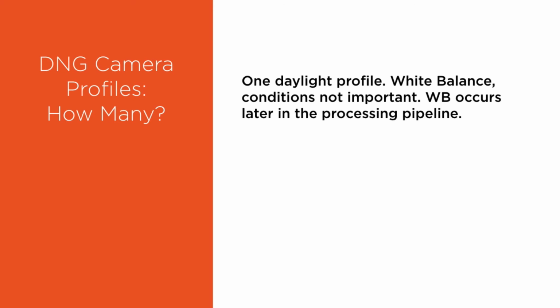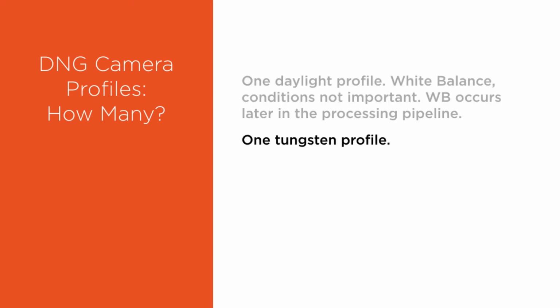So when you build a DNG camera profile, you're simply targeting a profile under a particular illuminant for your specific sensor. So for example, if you build a DNG camera profile in daylight, it doesn't matter what time of day you shoot the target and when you use that actual profile. That's because white balancing takes place later in the processing in Adobe Camera Raw. So think of these DNG camera profiles as being white balance agnostic.